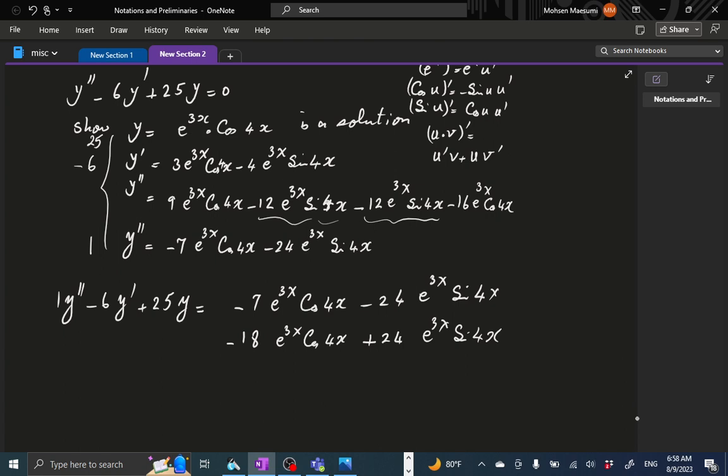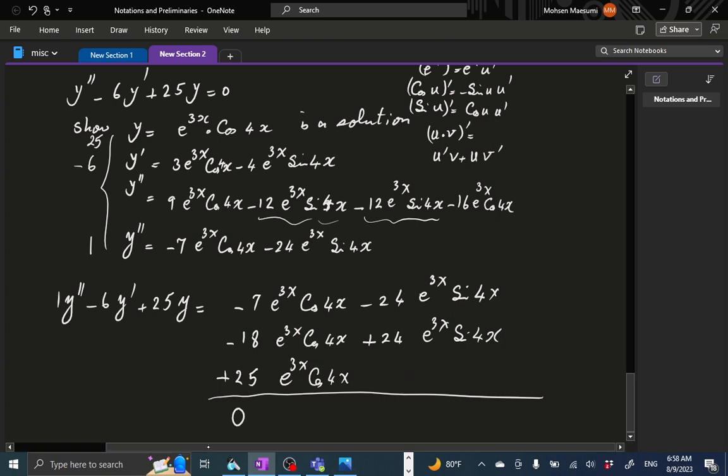Then 25 of the original, plus 25 exponential of 3x cosine of 4x. So this is sort of our witch's brew, everything mixed up. When you look at it, what's happening, these things all cancel out, these things all cancel out, and here's the magic, you do get 0.